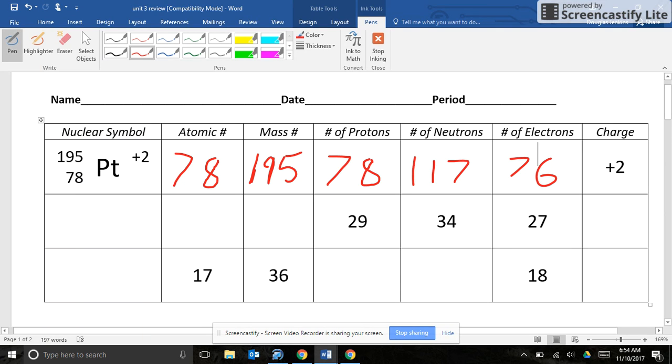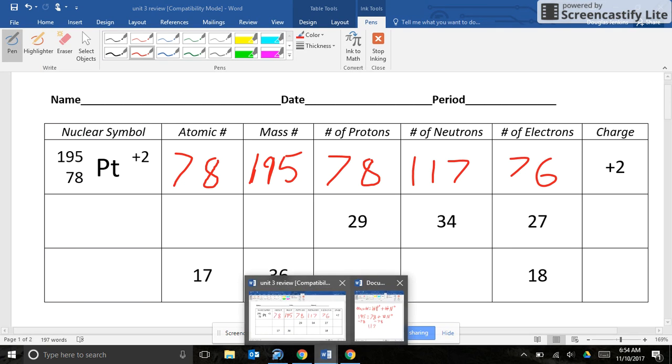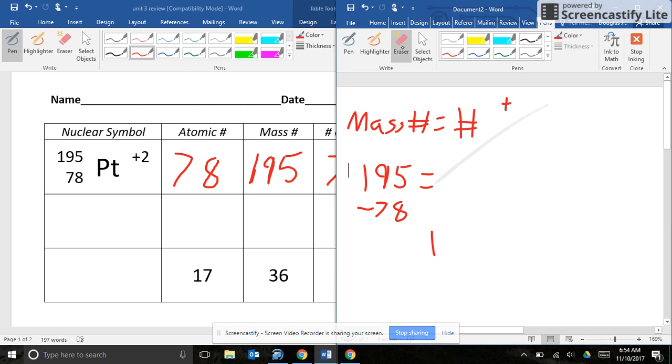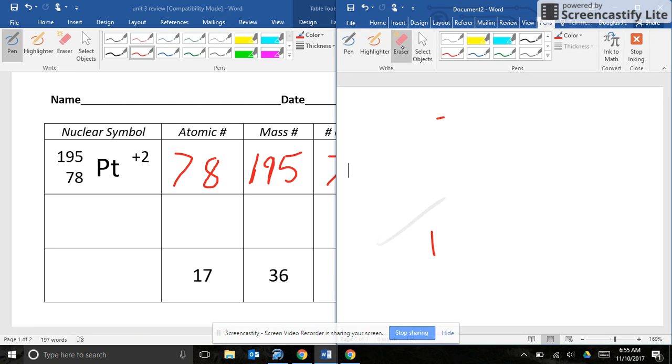Now, if that didn't make any sense to you, that's okay. I can show you another way to do it. We can do it algebraically. I remember that I had a charge of +2, and here's your equation: your protons minus your electrons is equal to the charge.